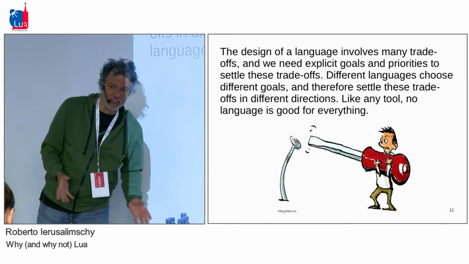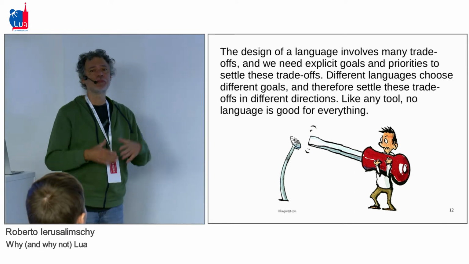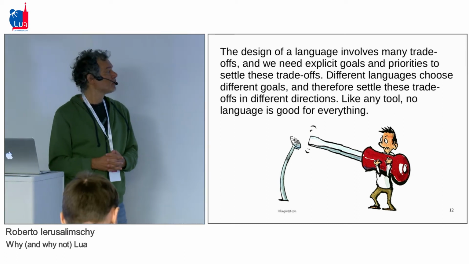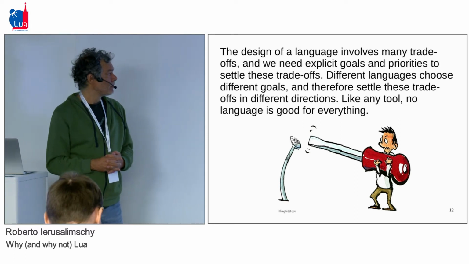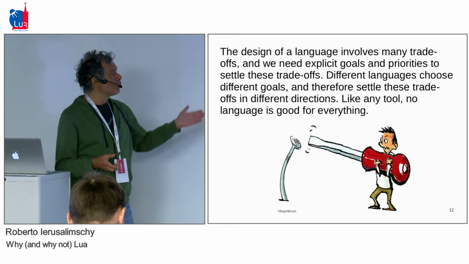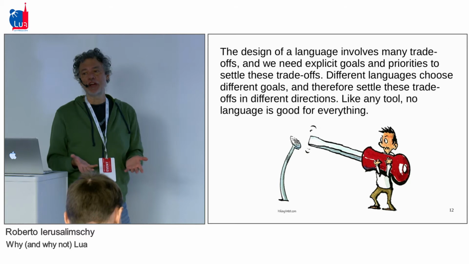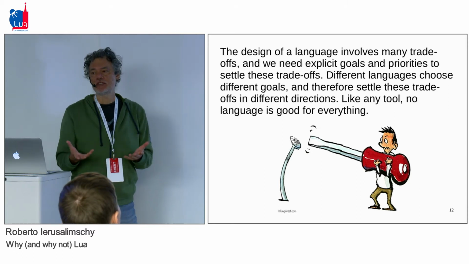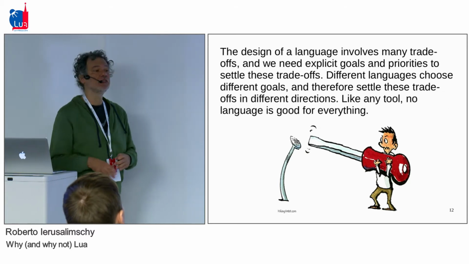Some languages are better for smaller hardware, some languages are better for larger machines. And like any tool, no language is good for everything. So that's why we have multiple languages.